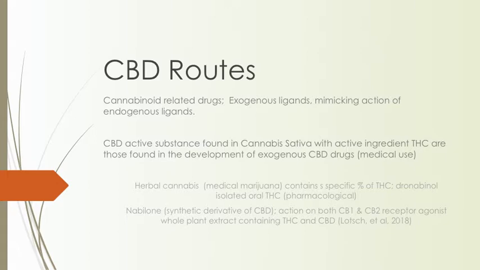There is another medication used that is a synthetic derivative of CBD called nabilone. It is not FDA approved in the United States. However, it is widely used in Europe. This particular drug, nabilone, has action on both CB1 and CB2 receptor agonists. It contains the whole plant extract containing THC and CBD.